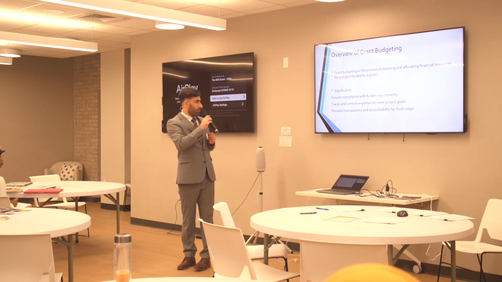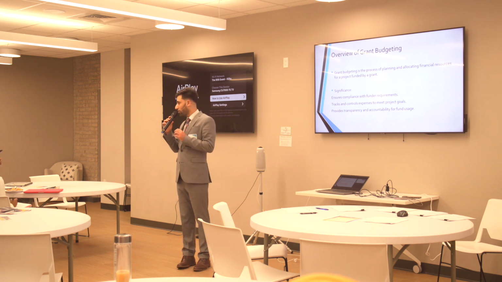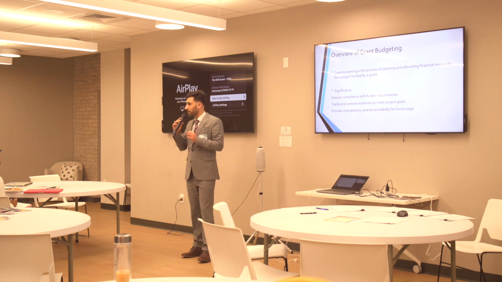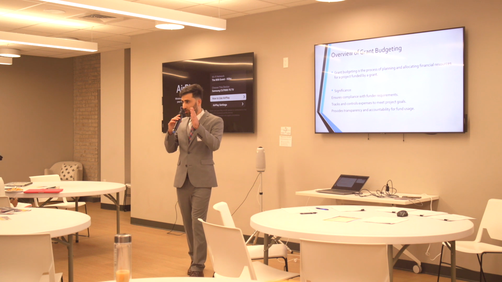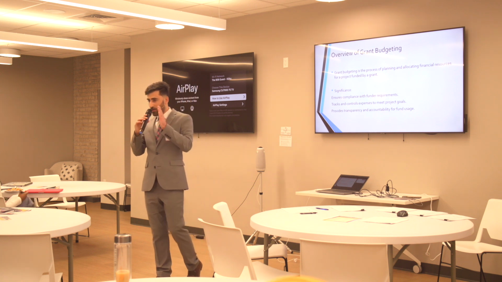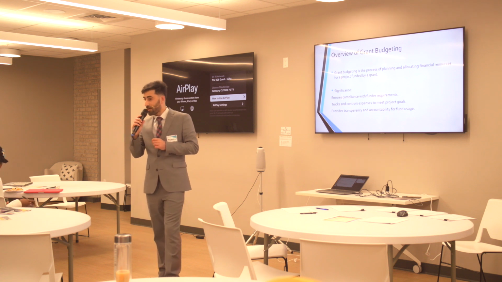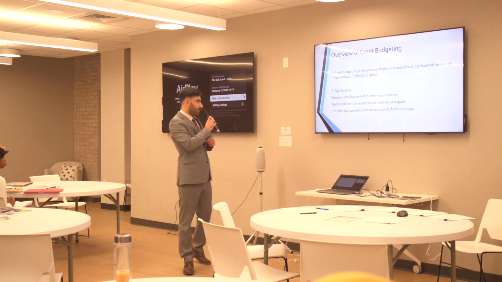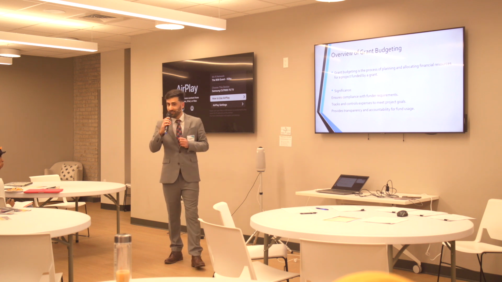And the next thing is to make sure that all of our expenses match the goals of the grant. Because when we receive a grant, there are certain goals, certain objectives, and on the basis of those goals and objectives we can spend the money, right? And the next thing is, of course, there should be transparency and accountability, right?